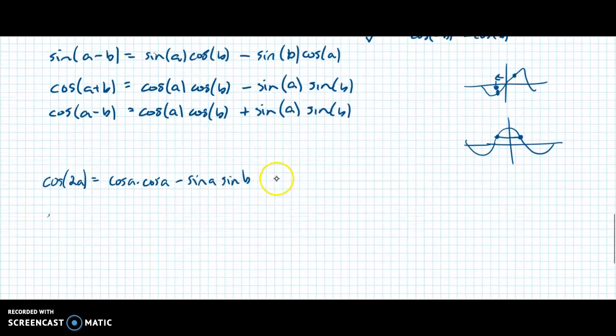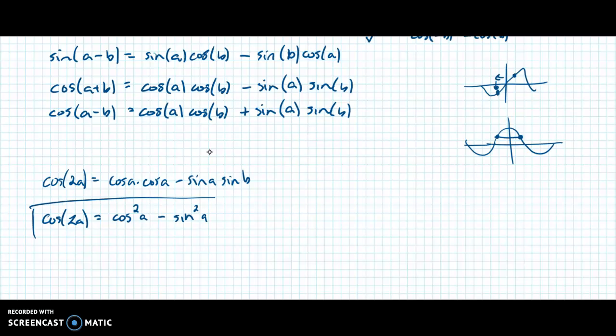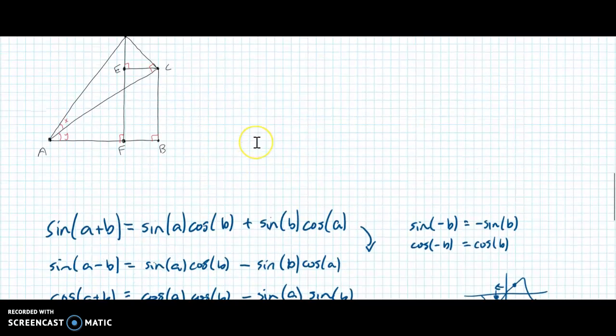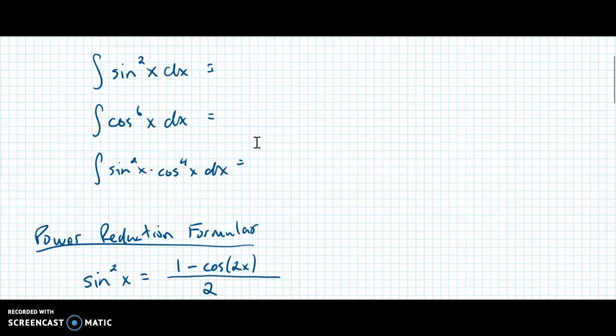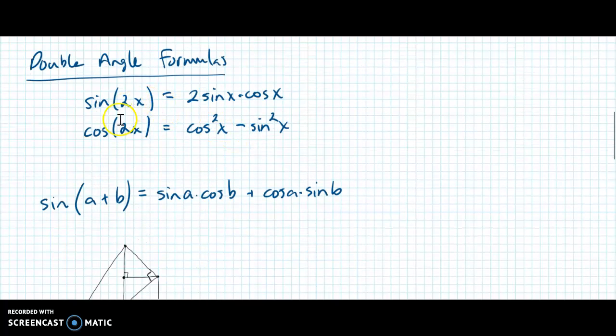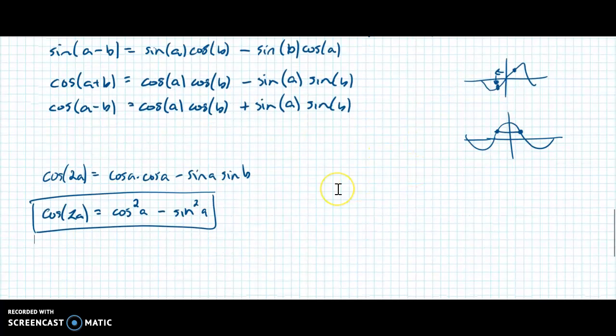And then what that gives me is that the cosine of 2a is equal to cosine squared a minus sine squared a. And that is one of our double angle formulas from above, right there, cosine squared minus sine squared. So we got that one down.